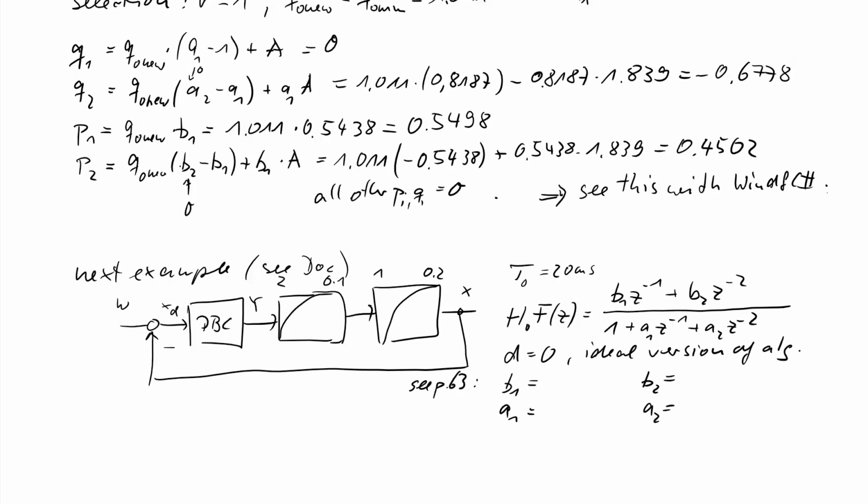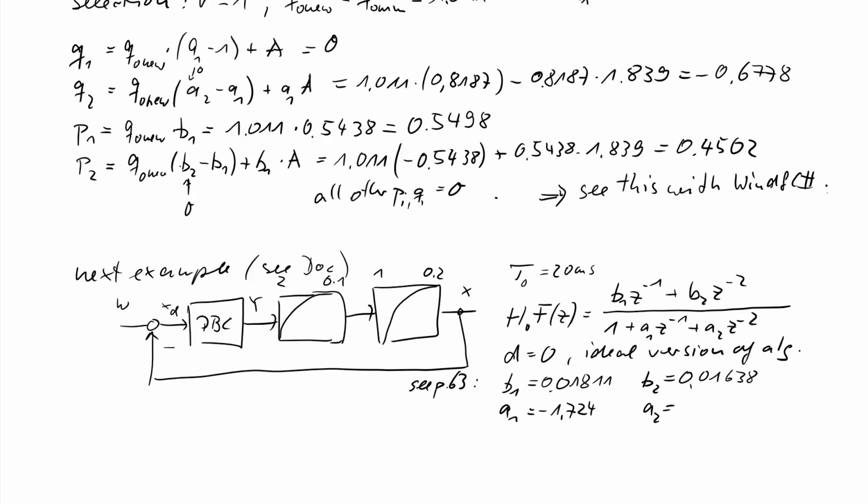I take the values and put them in. b1 is 0.01811, and b2 small is 0.01638, a1 is negative 1.724.